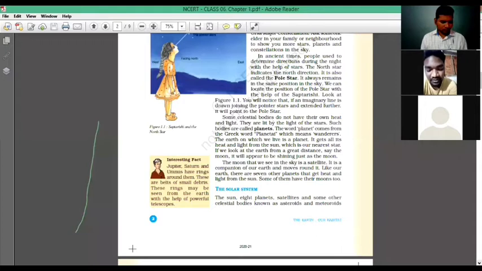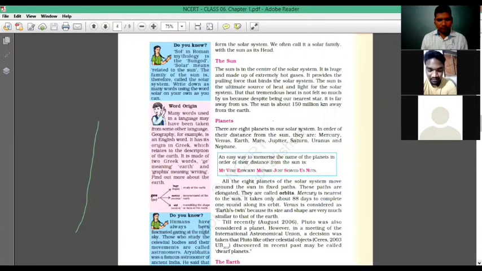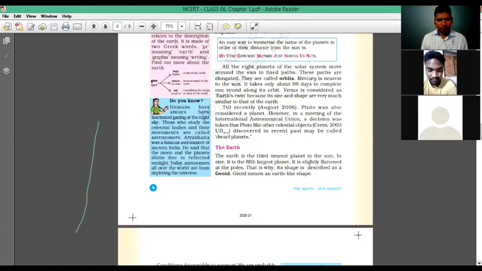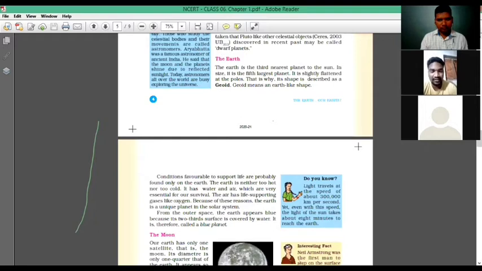This is an important point to be noted, as this question might come in any exam. So the twin planet to the Earth is Venus. Venus and Earth are twin planets.